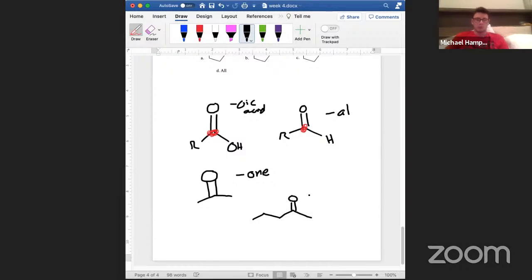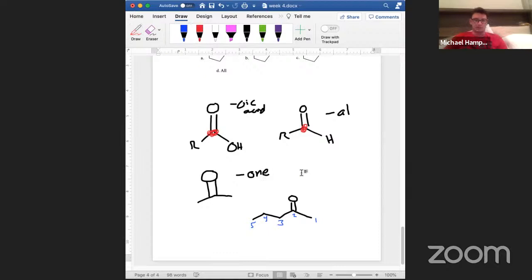Would you start numbering from the left or from the right? From the right. Right. So 1, 2, 3, 4, 5. So what would we name it? 2-pentanone.